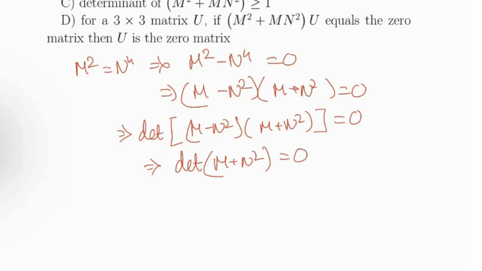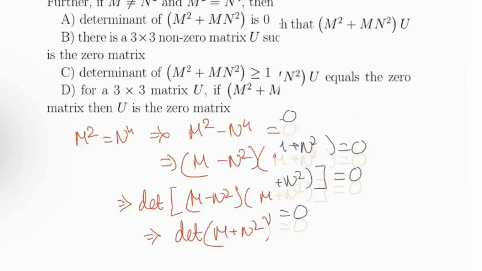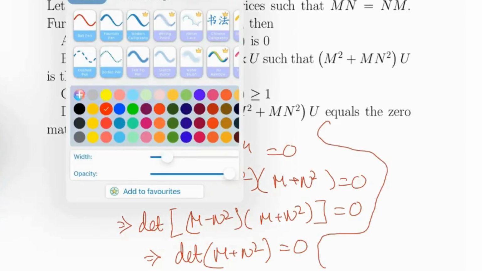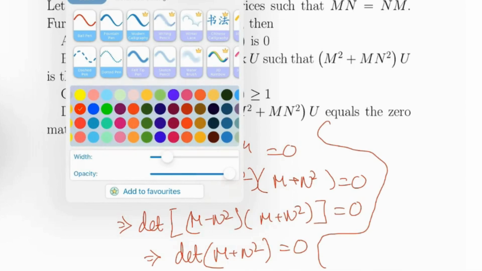Why have I written this? I have factorized this because it's given that, just one thing, I'll go for another color, let's go for blue.